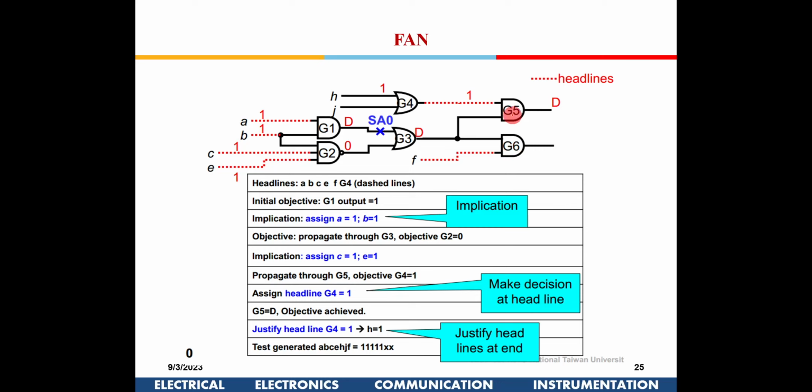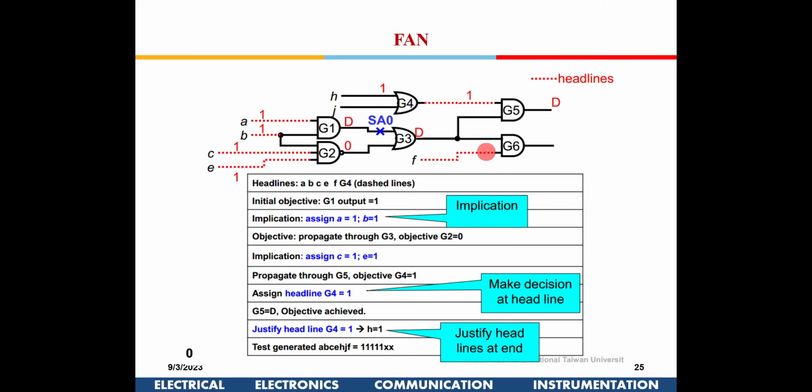But this was just one of the examples which I picked up from one of those lecture videos. FAN is a further improvement to PODEM, and PODEM does the SCOAP analysis, and then it would pick up G6, because it is much easier to get G6 activated than G4.